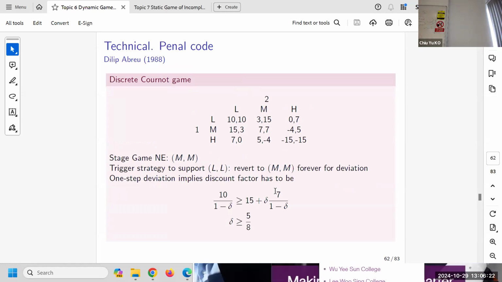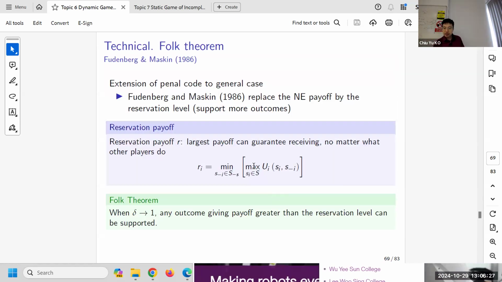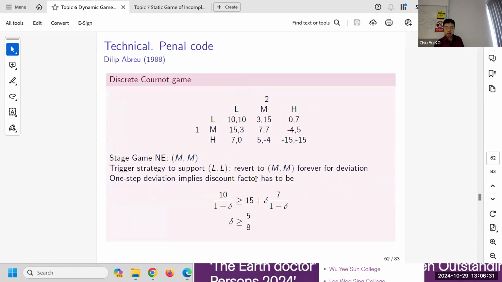So remember the formula. Let's go back to the min max formula. You will be maximizing yourself first and minimizing based on others. Given other people's strategy, what is the max? 15, 7, 0.